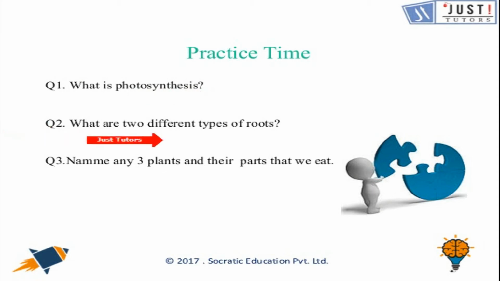Question two, what are two different types of root? One is taproot and the second is fibrous root. That's very simple.